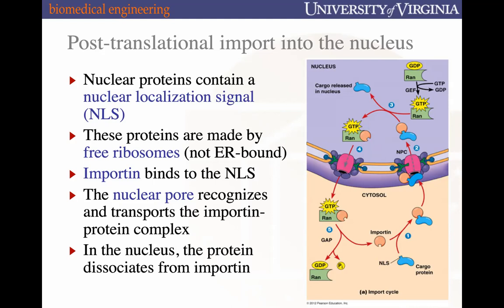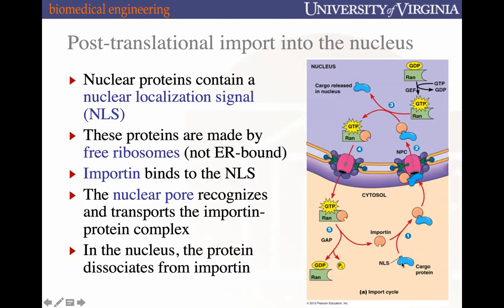And the way that happens is via a protein called importin. Importin has a concentration gradient that will move into the nucleus and recognizes the NLS, the nuclear localization signal, and will bind to it.